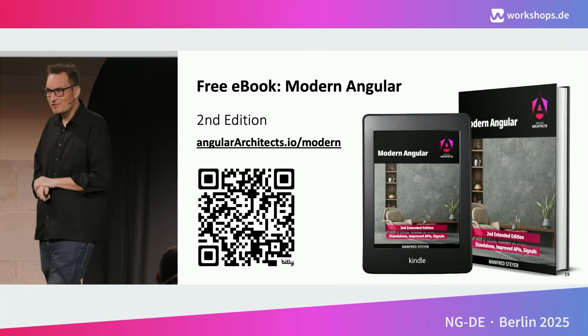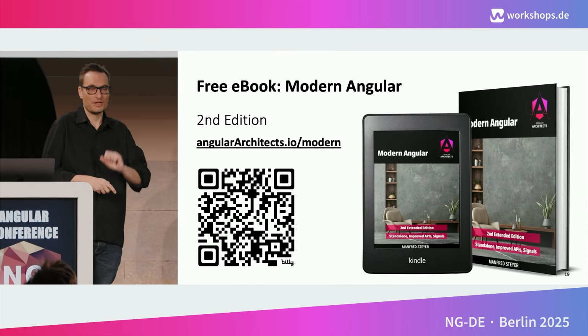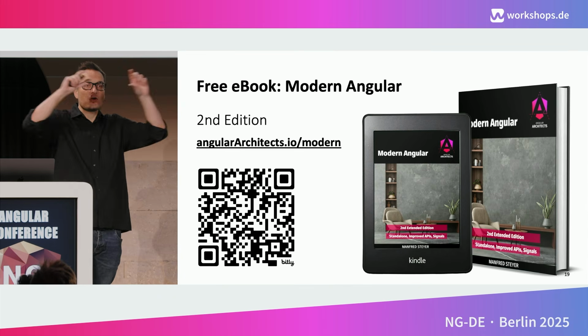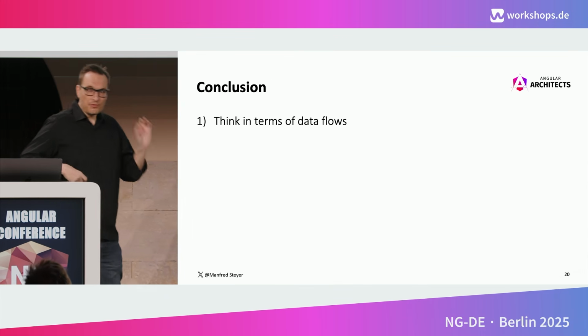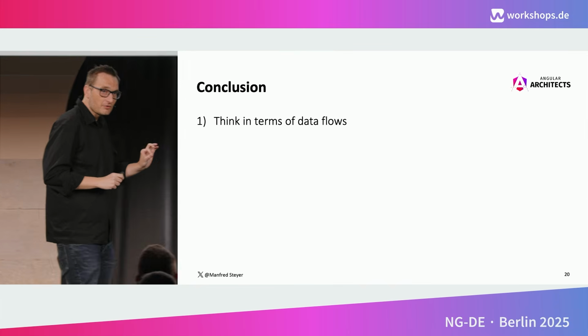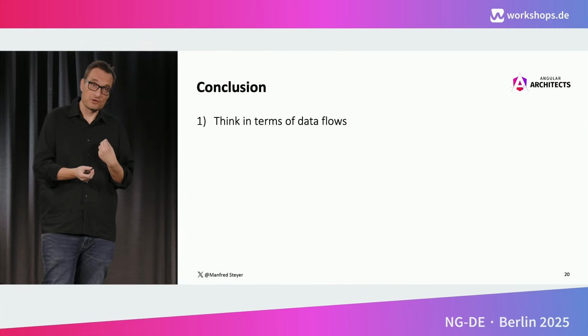Okay, so let me sum up. What did we see today? Well, basically, we have seen three things today we should keep in mind on a conceptual level. One thing is we need to think in terms of data flows, because reactive programming is more data flow centric.